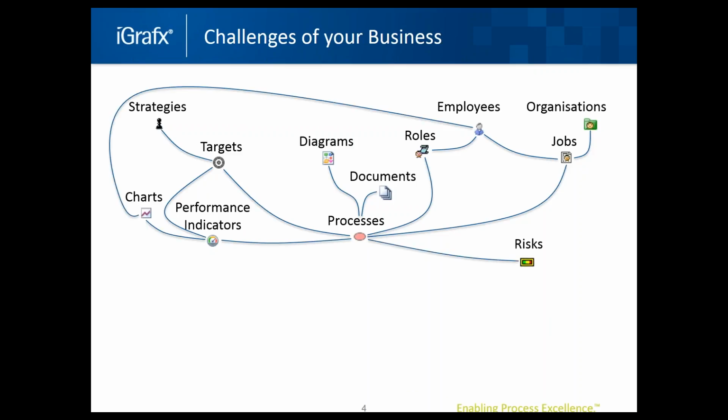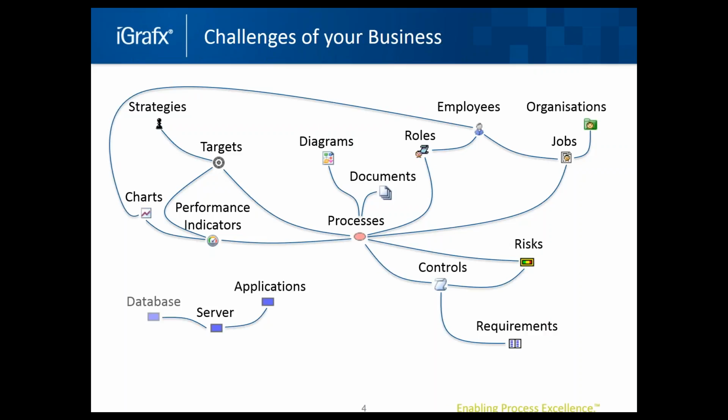Then you have the risk that you want to define, and you want to always be sure that you are measuring it correctly and meeting the requirements, and hence the compliance topic to manage. And don't forget you also have applications, servers, databases, and all the infrastructure that is also linked to the processes.